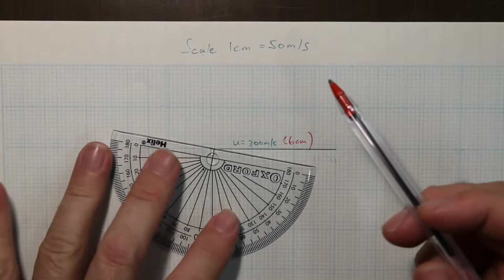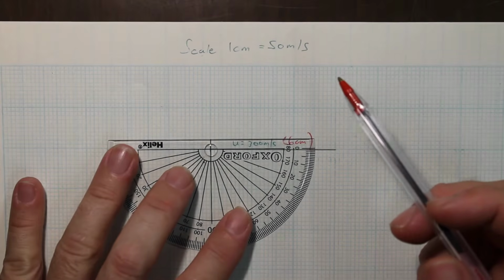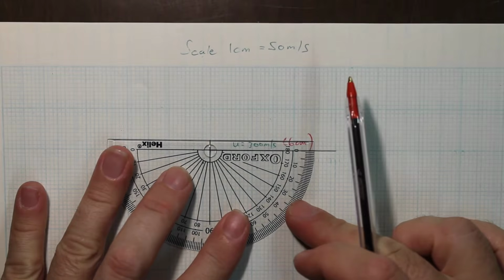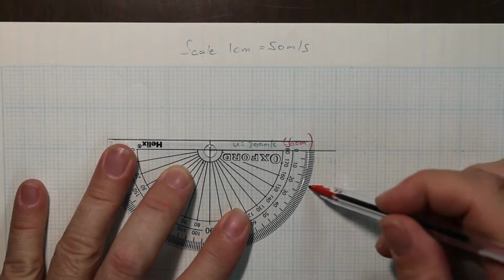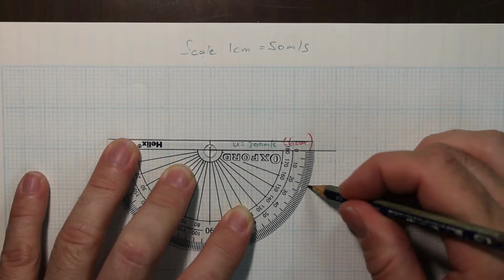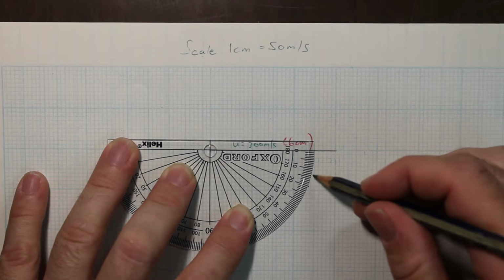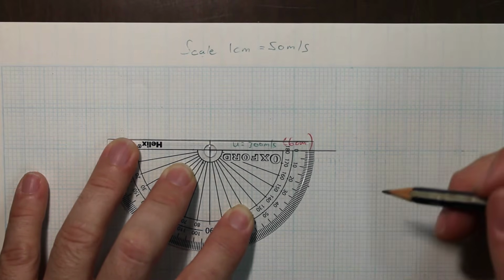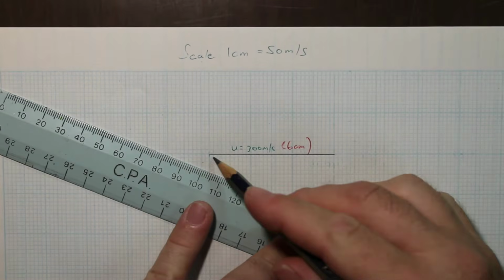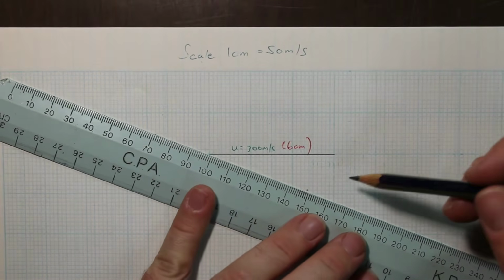We use our protractor, put it on that point where it comes in, and measure off 20 degrees. So from 0 to there is 20 degrees. Then we make a construction line from that point to that point.